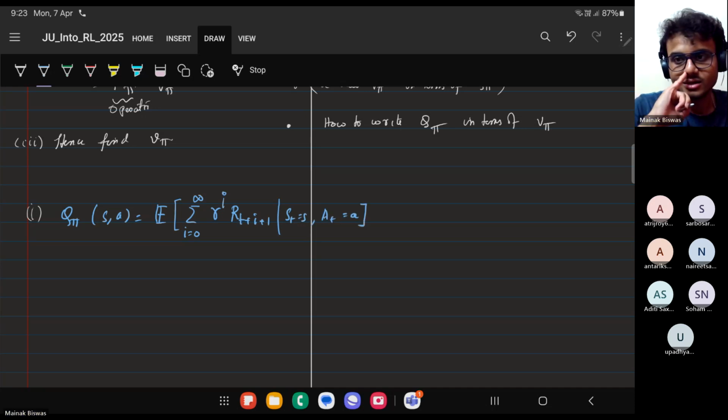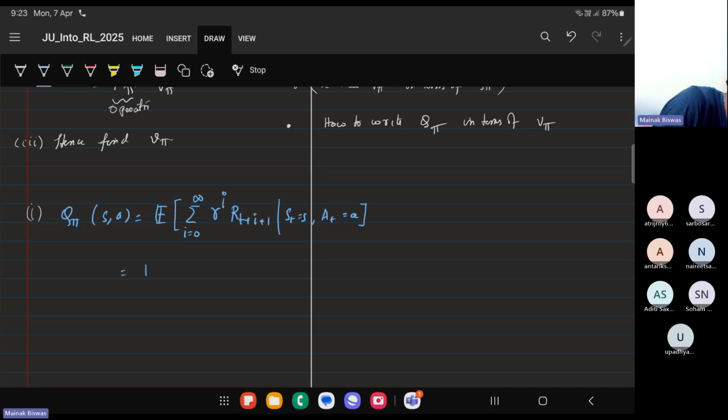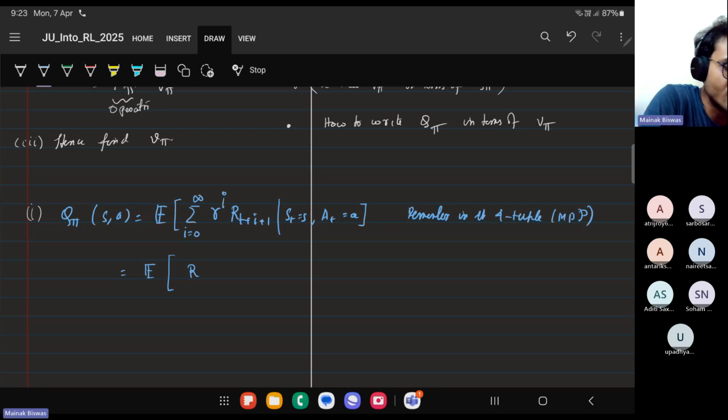Fine. So now what can I do? Do you see a recursion over here? I will show you the recursion once. So remember, in the 4 tuple of the MDP, which is the distribution that is just given to you?